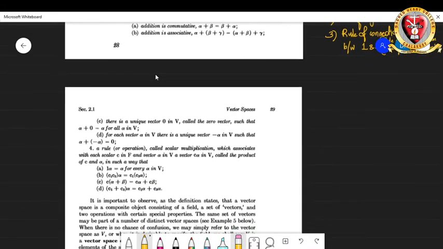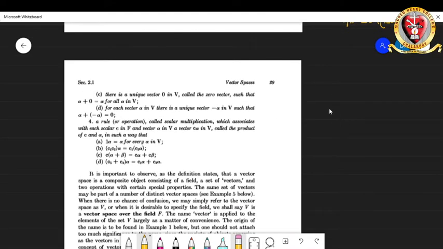How does that apply? With each scalar C in F and each vector alpha in V, C alpha will be in V. So C belongs to the set of scalars, and alpha is a vector in the set of all vectors. If this is happening, C alpha will be inside V.